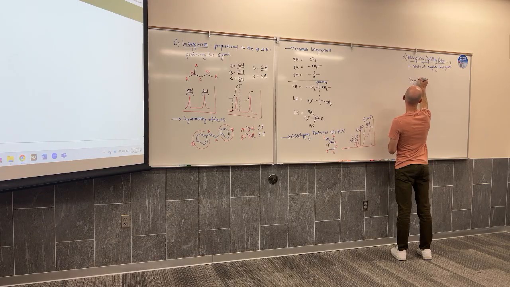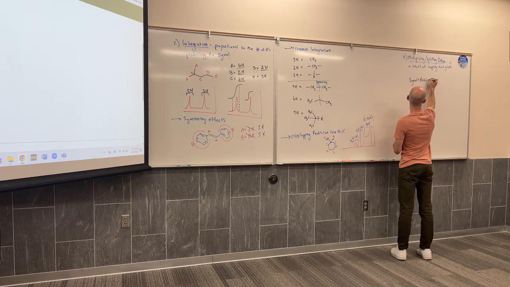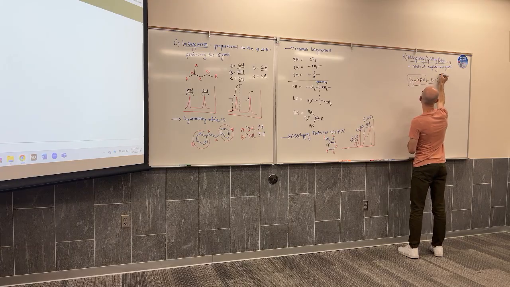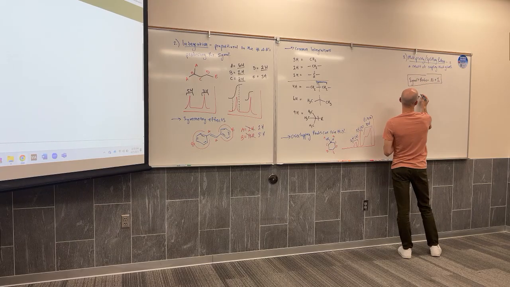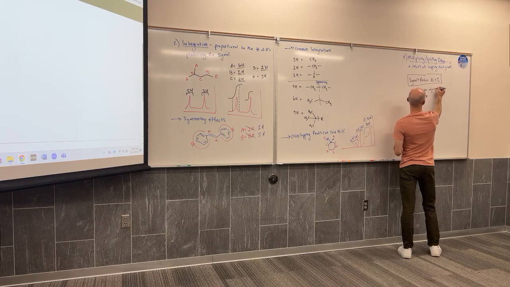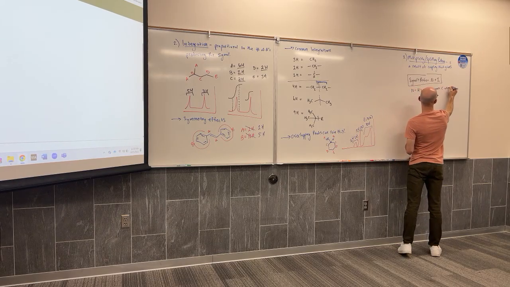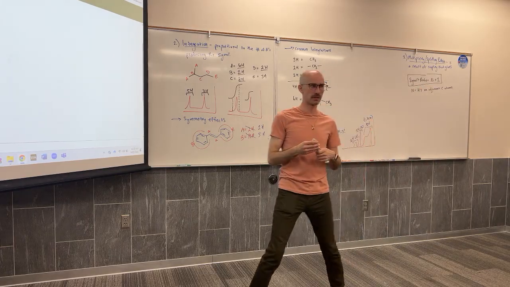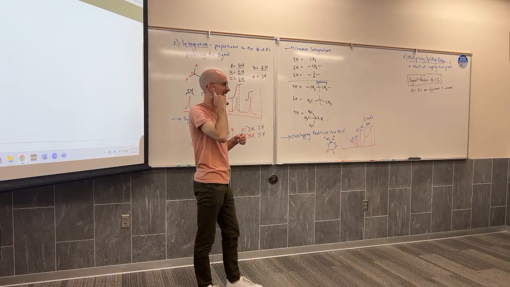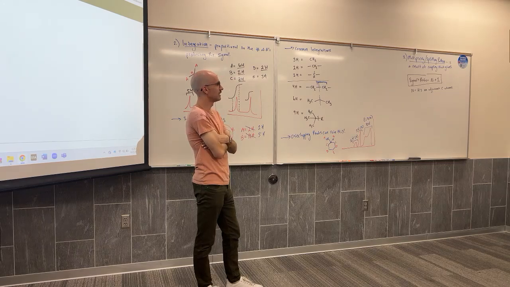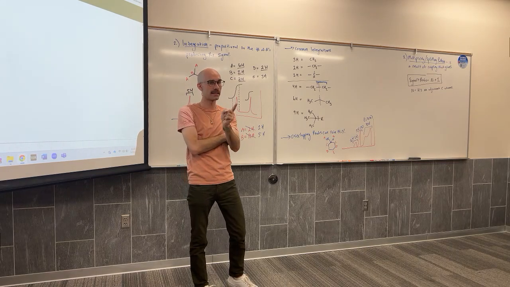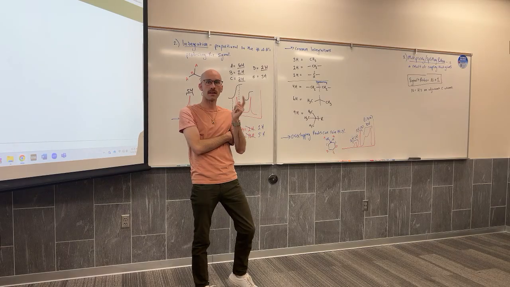A signal's peaks is equal to n plus 1. n equals hydrogens on adjacent carbon atoms. I call them neighboring hydrogens. I don't think I'm the only one that calls them that. I said that like I invented it. n here is for neighboring hydrogens. Not identical hydrogens, neighboring hydrogens.